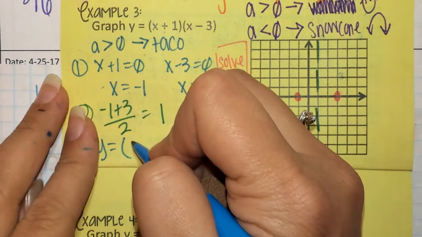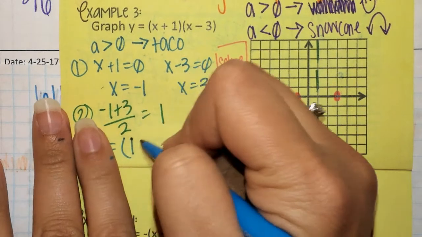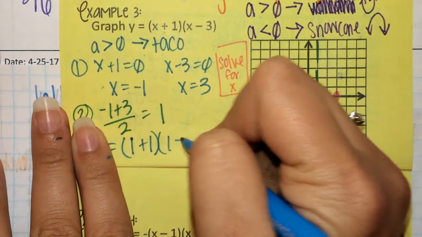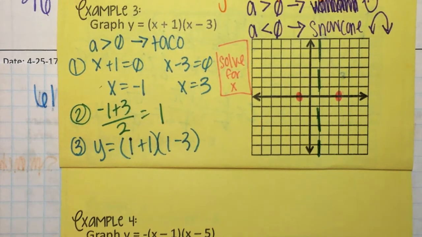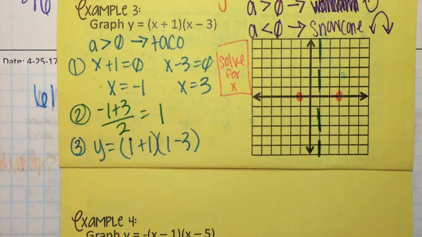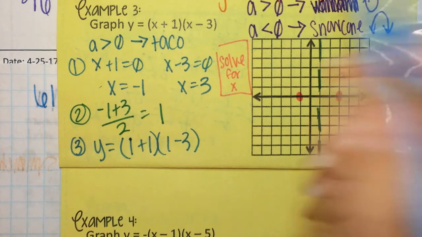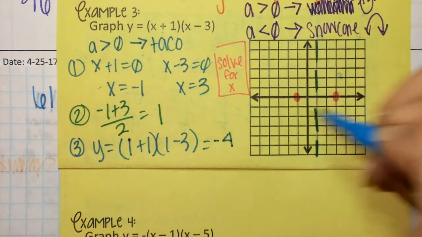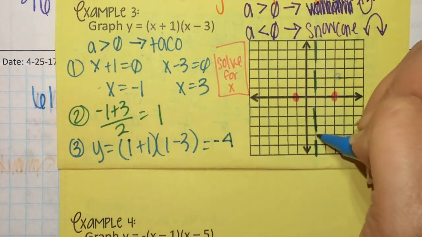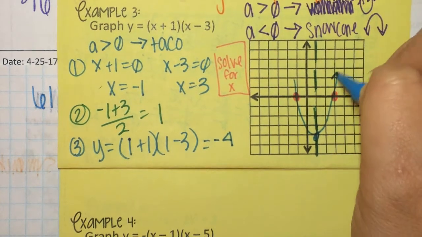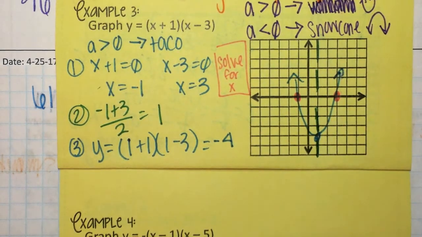Positive 1. 1 plus 1 times 1 minus 3. What's 1 plus 1? What's 1 minus 3? -2. What's 2 times negative 2? -4. Plot and connect. That's all you do.